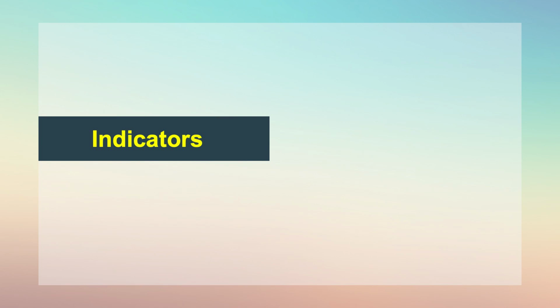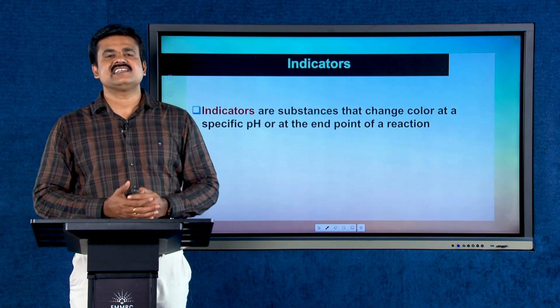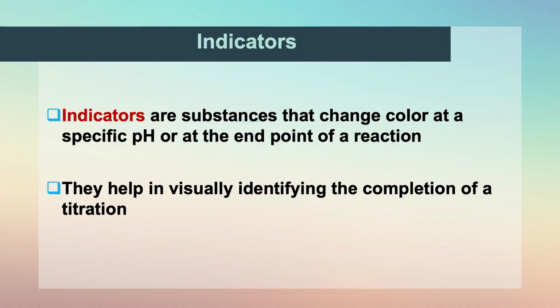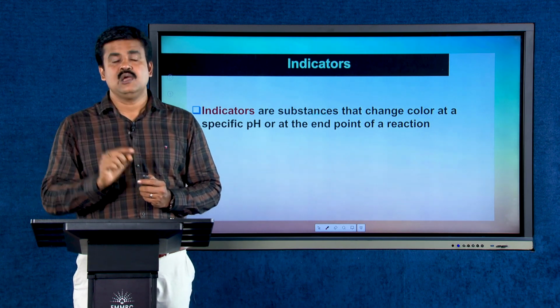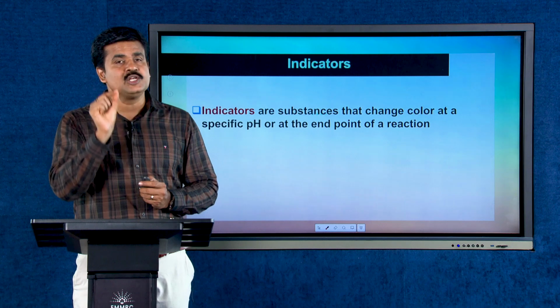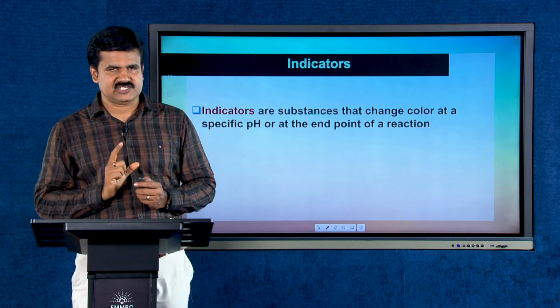First of all, indicators. Indicators are substances that change color at a specific pH or at the end point of a reaction. We have to make one point very clear. What is the difference between end point and equivalence point?